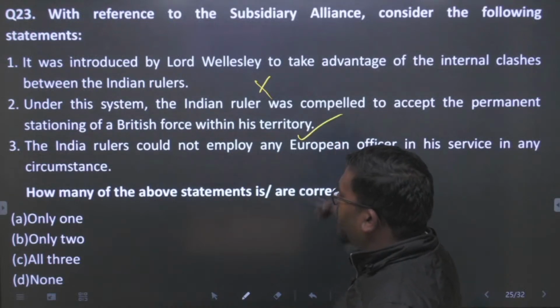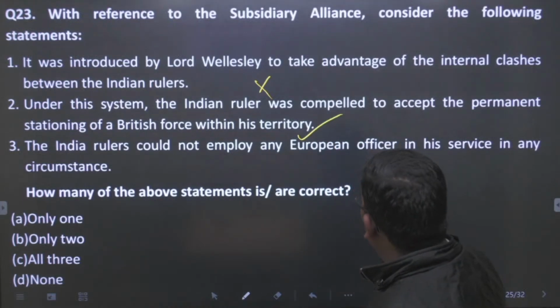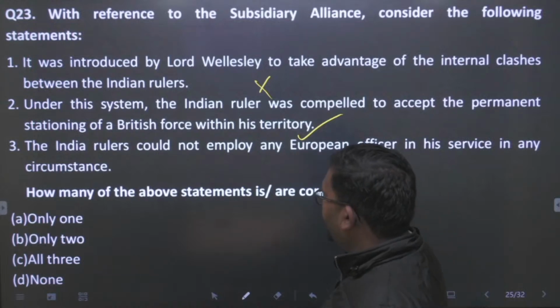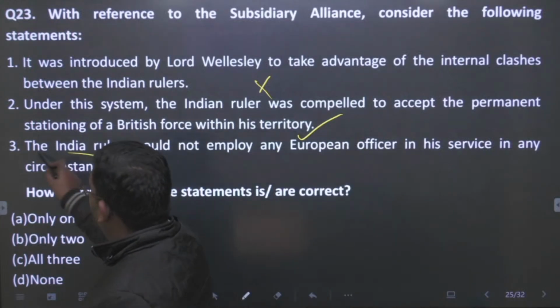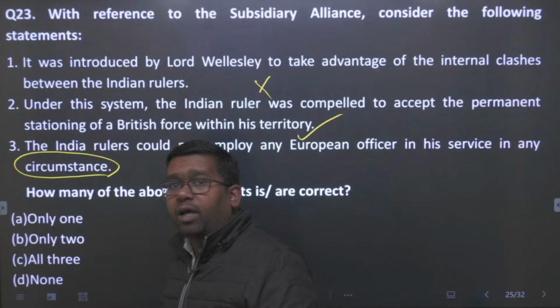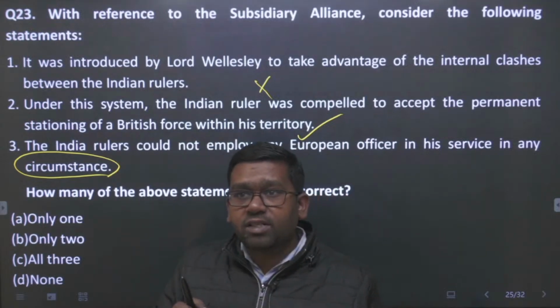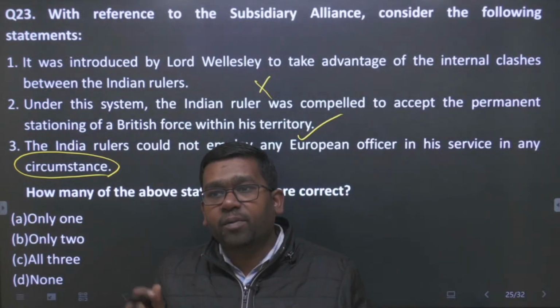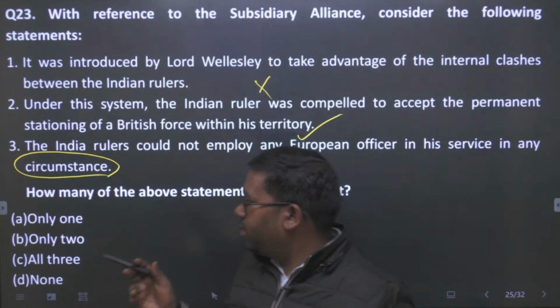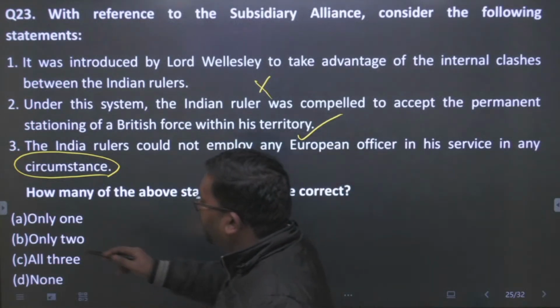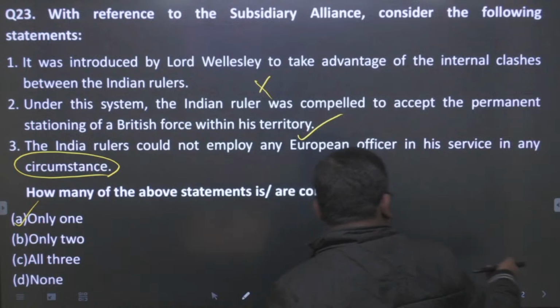It is true. Indian rulers could not employ any European officers in their service in any circumstances. They were not allowed to employ any, but they could if the British government allowed. So this statement will be false. So only one will be the answer to this question.